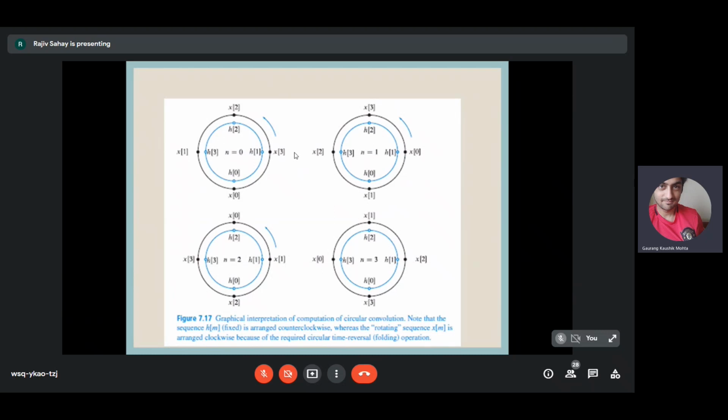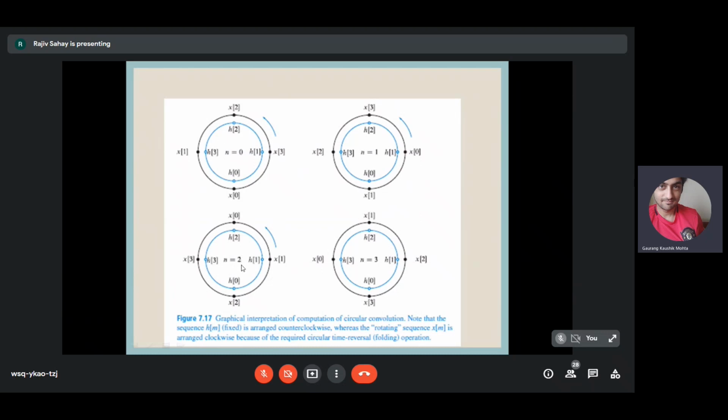Similarly, x of 2 minus m can be obtained by shifting again one step counterclockwise. Whatever is appearing at x0 here will now appear here. So this is a counterclockwise shift. H of m is always fixed.